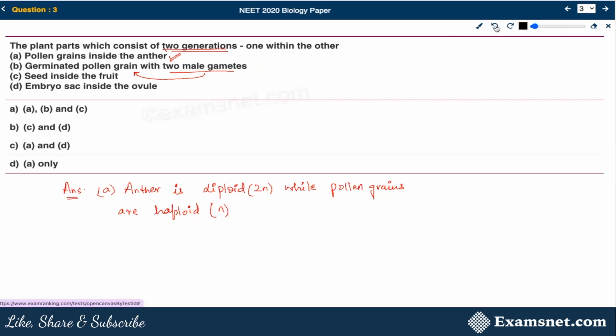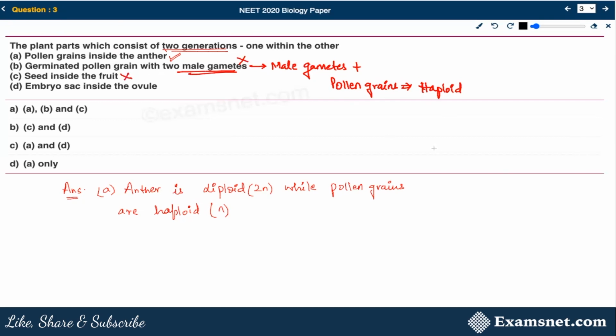Male gametes along with pollen grain are both haploid, so we cannot consider this as the 2 generations. That's why the statement is wrong. Then seed inside fruit, again, fruit is diploid and seed is also diploid. So this is also a wrong statement.